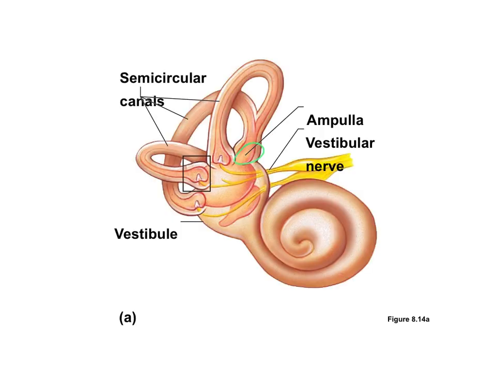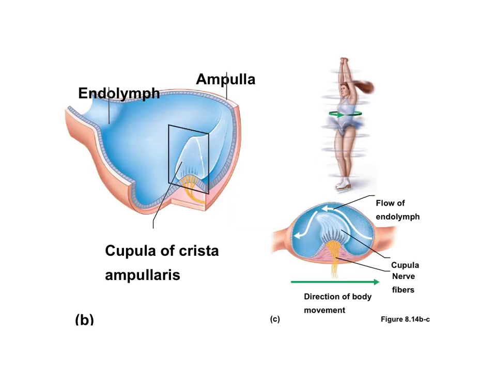So this shows the ampulla, plural is ampullae, and that is where this dynamic equilibrium is housed. So if you were to experience a spin or rotational force, first we'll talk about the structures, right? The fluid is the endolymph, and then there's this gelatinous cap called the ampulla, and then there are these hair cells that are influenced by the movement of the ampulla.